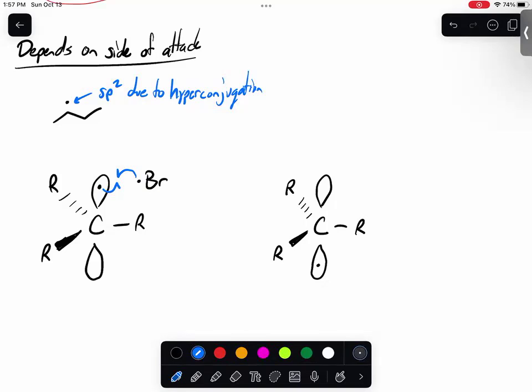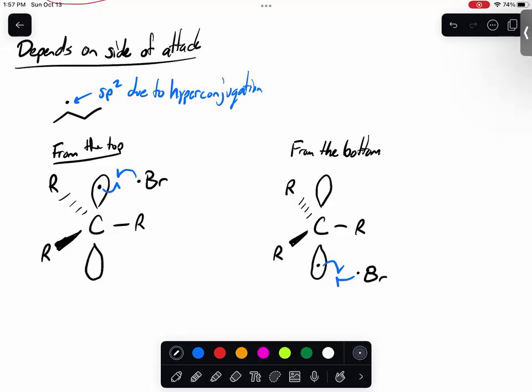Or it can form the bond on the bottom side. These two are a little different from one another, because this is from the top and this one is from the bottom.